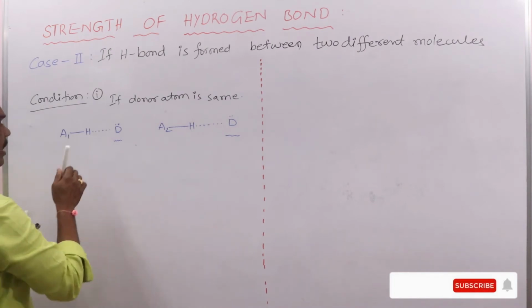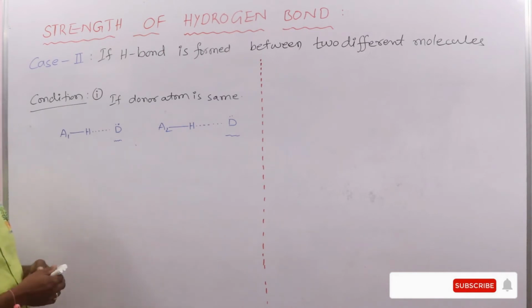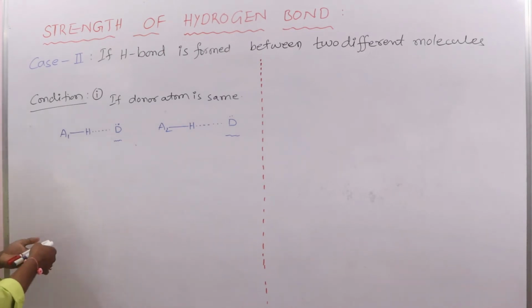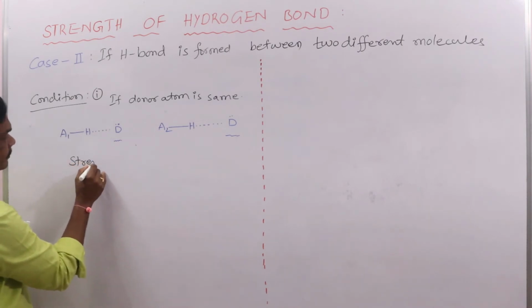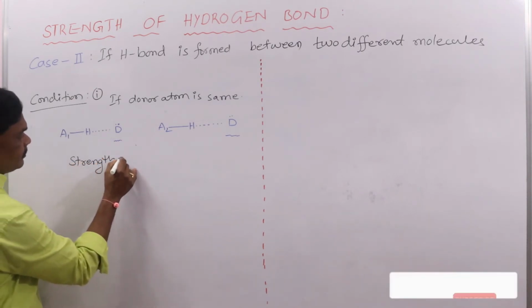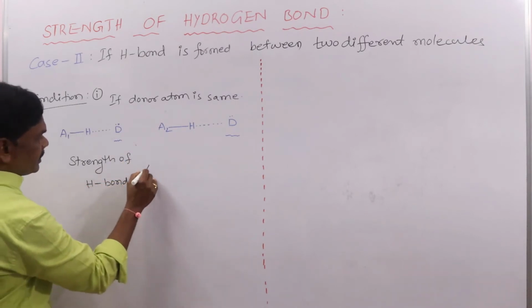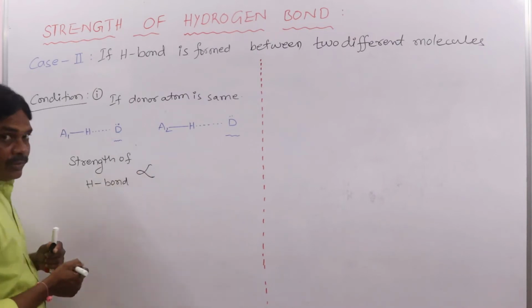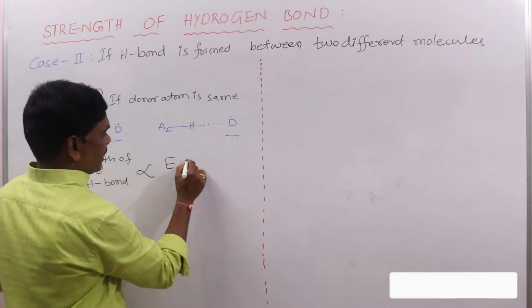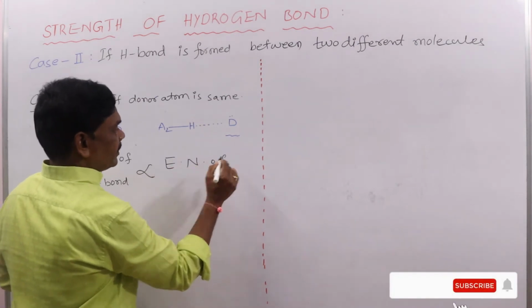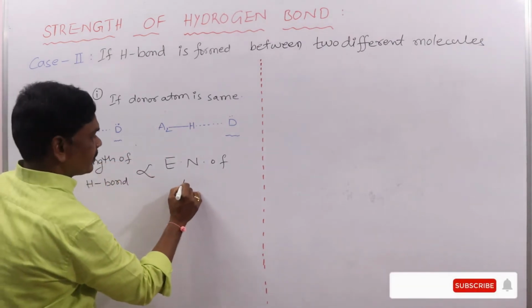So when the donor atom is same, the strength of hydrogen bond is directly proportional to the electronegativity of A1 or A2.